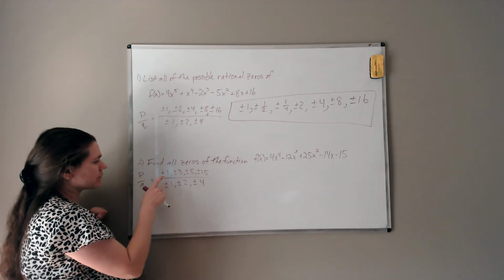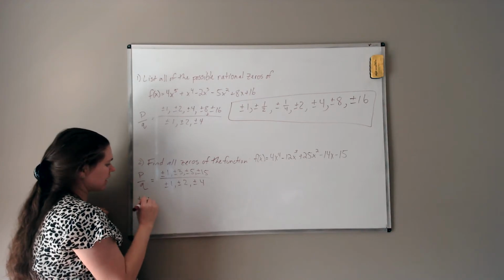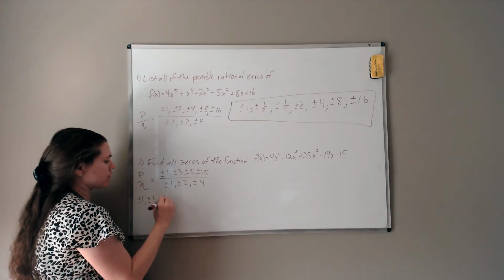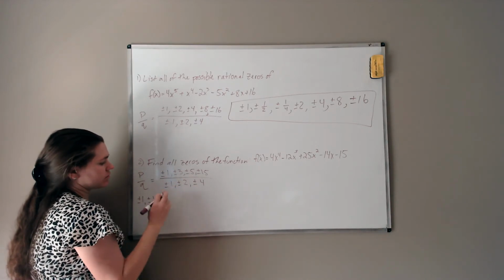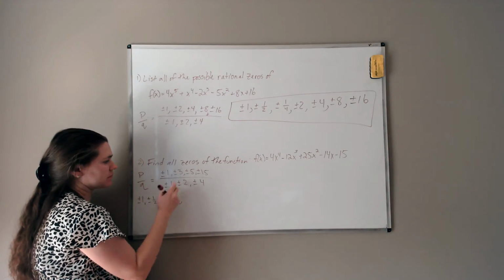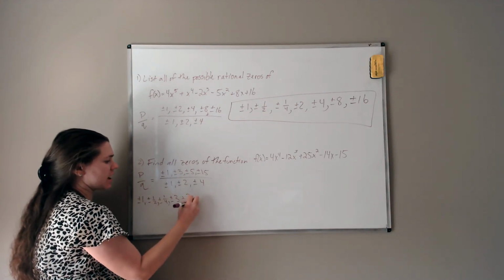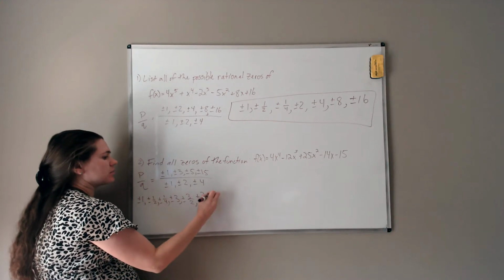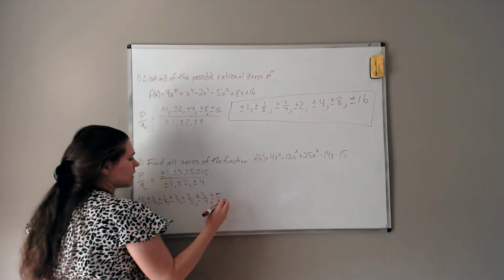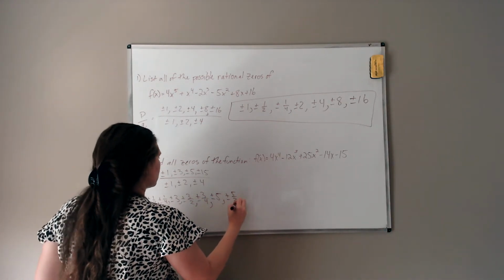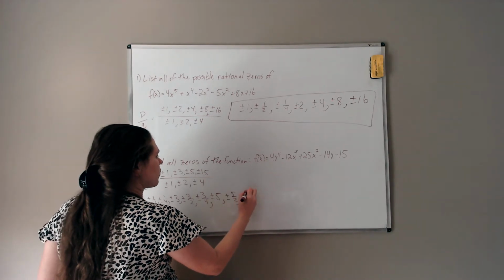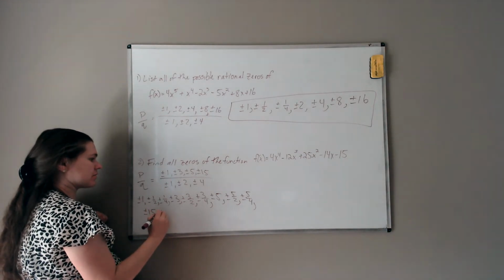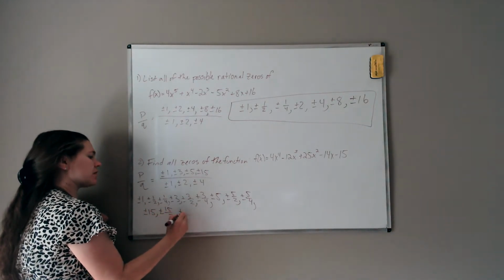So we make our list. That's going to be plus or minus 1, plus or minus 1/2, plus or minus 1/4, then 3 over 1, so plus or minus 3, 3 over 2, that's new, plus or minus 3/2, that's new, plus or minus 3/4, then plus or minus 5, then plus or minus 5/2, then plus or minus 5/4, long list, then plus or minus 15, then plus or minus 15 over 2, then plus or minus 15 over 4.